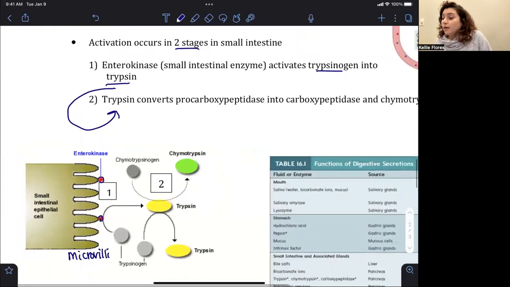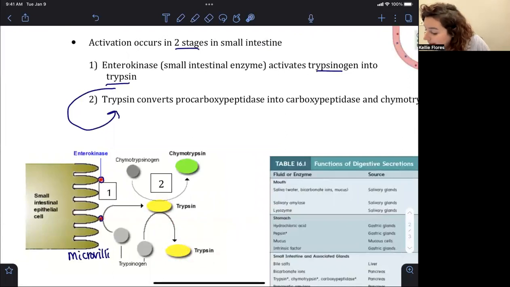Enterokinase is not moving. So what happens? Well, trypsinogen will get kind of close. And so when trypsinogen gets close enough, it'll brush by the enterokinase, the little red dot. When it does that, it activates trypsinogen, which is right here, into trypsin. See?